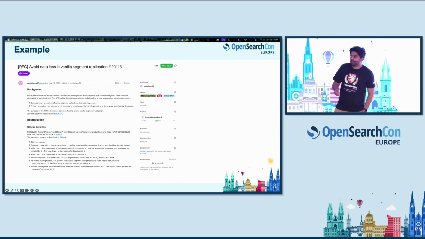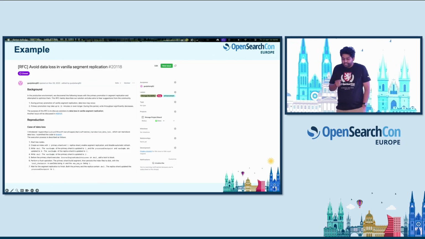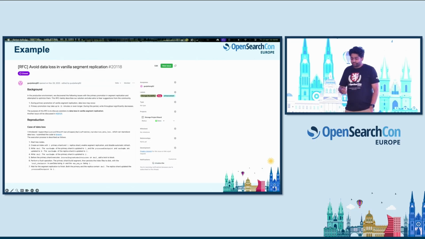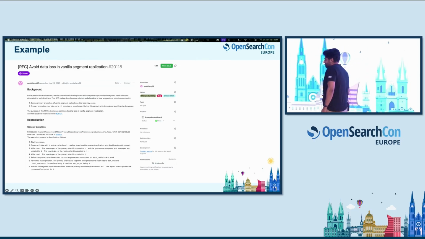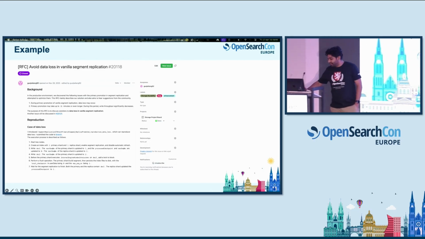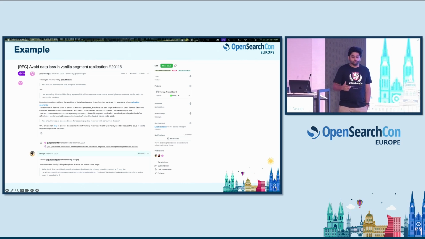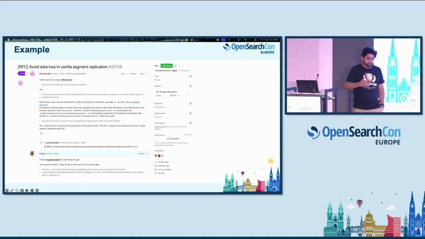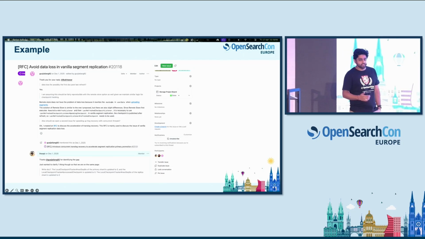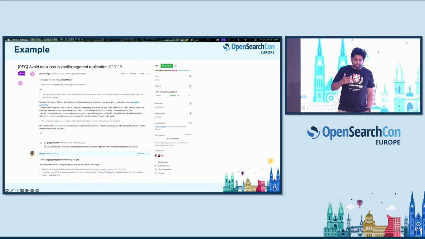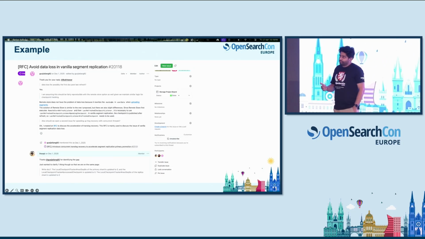But I was really impressed by the level of detail in the bug report that they shared. It was really helpful for us to understand with all this detail, and we were quickly able to discuss in the issue what is happening, that the bug is genuine, and what could be the fix for it.